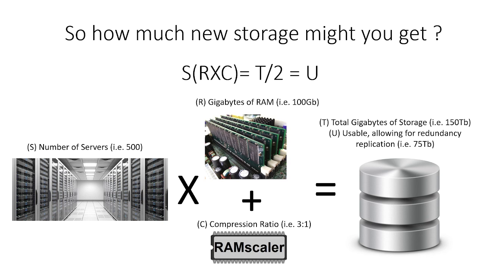So in this situation, enterprise customers can get 75 terabytes of fast, reliable, scalable, limitless storage using memory they're not using today on all of their 500 servers just by deploying the RAMscaler technology into the data center.